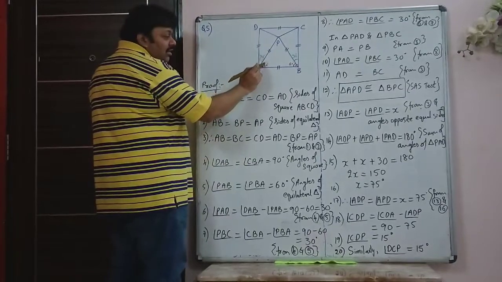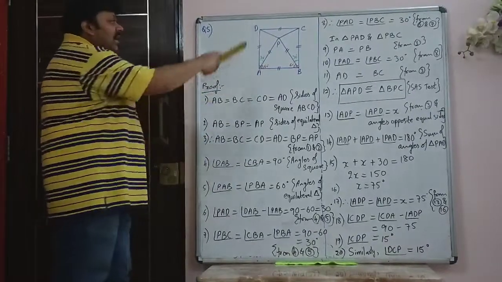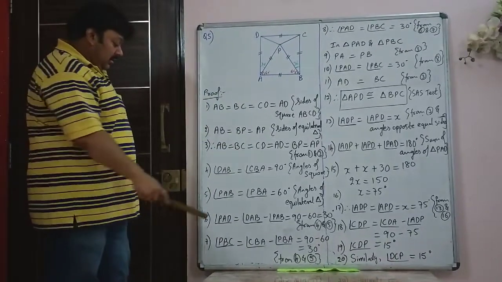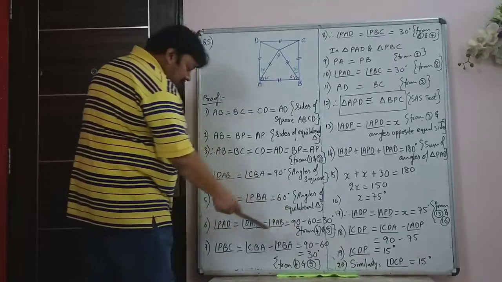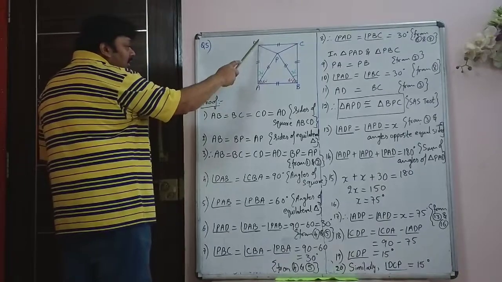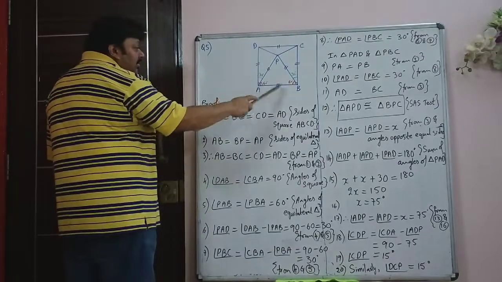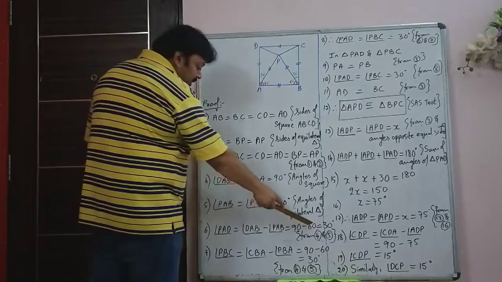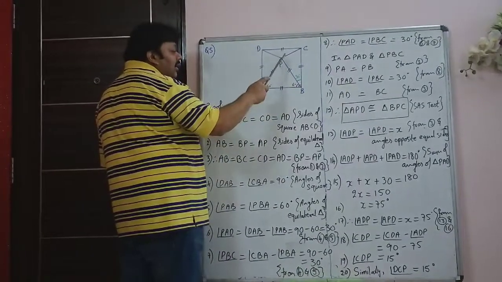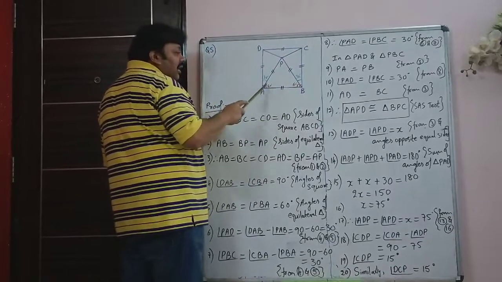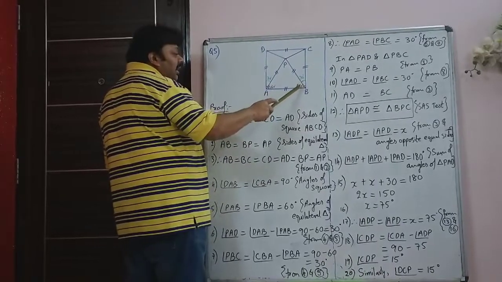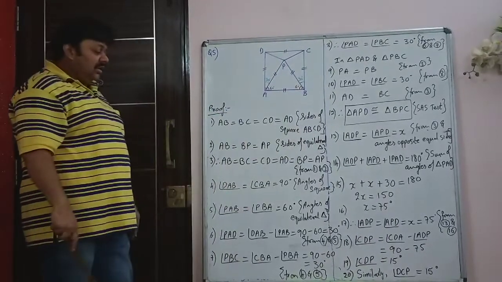So it is 90 minus 60, 30 degrees. So angle PAD is 90, that is angle DAB minus PAB, 90 minus 60, that is 30 degrees. Similarly on the other side, CBP will be CBA minus PBA, that is 90 minus 60, which is 30 degrees.